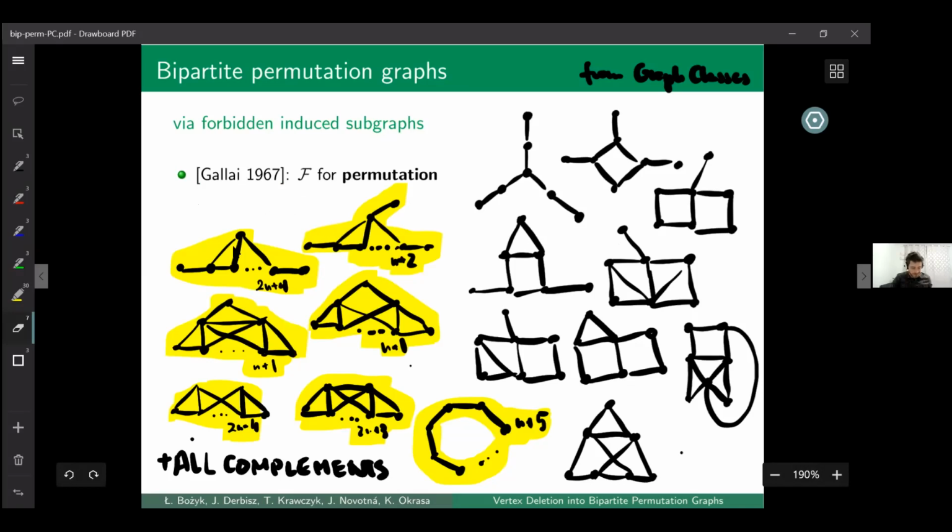I'm sorry, that's the part of the picture I didn't refer to. The number of vertices within this infinite class can be any number of this form, where n is a non-negative integer. So we only forbid graphs of this structure where the number of vertices ranges over 4, 6, 8, and so on.